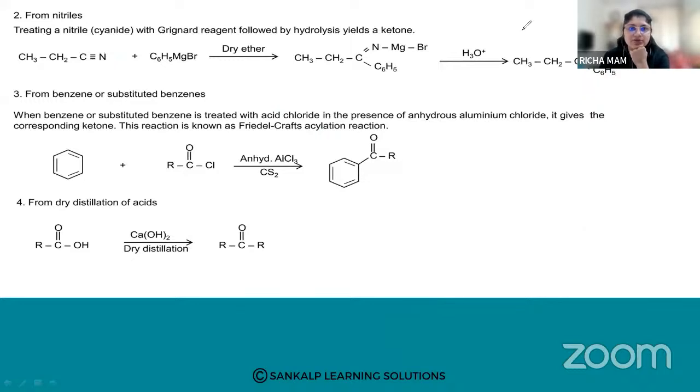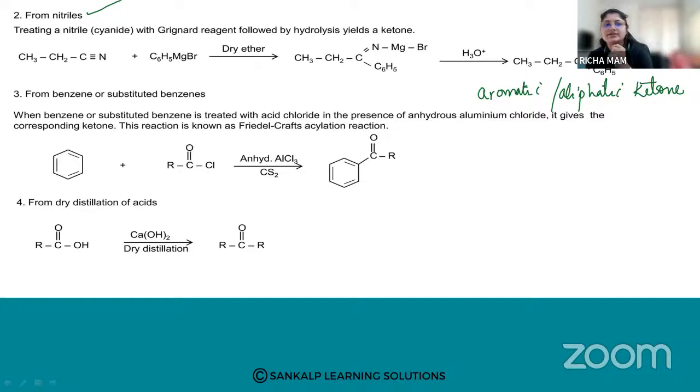From this method also, from nitriles, we can prepare both aromatic as well as aliphatic ketones. In acid chlorides also, we can prepare both aliphatic as well as aromatic ketones. So from nitriles is also important. Mark this as important.